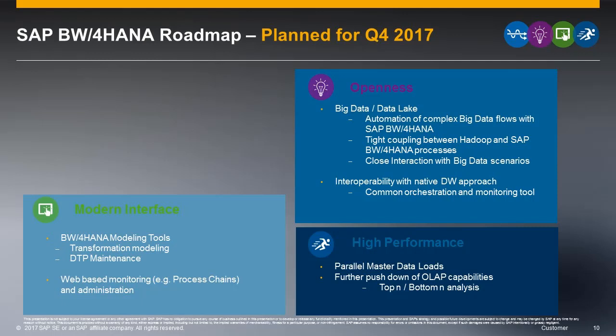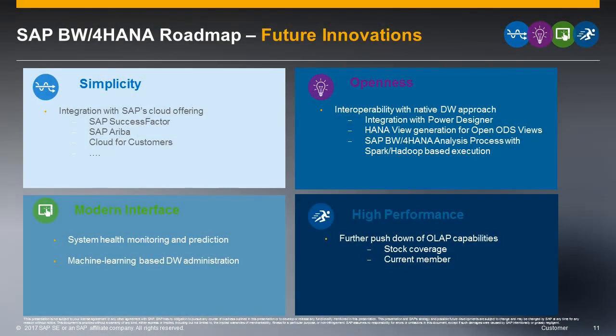The other nice thing is the delivery of a common orchestration and monitoring tool. So the ability to look at native HANA on one side and look at BW for HANA on the other side through one lens. So how is the system running? I can use the same tool. I'm not using a certain transaction in BW for HANA and then have to use a menu-based system on native HANA.